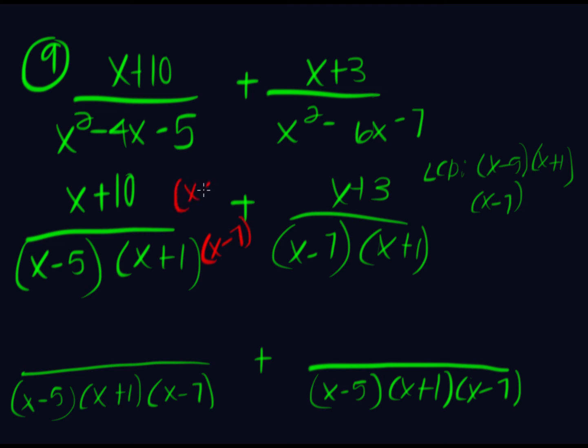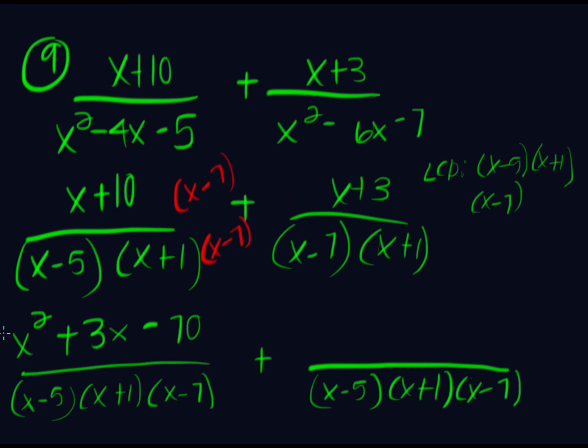So we would multiply the numerator and denominator by that. Let's go ahead and do that. If I FOIL the two numerators, I would get x squared, and then x times negative 7 is negative 7x, and then 10 times x is positive 10x. So negative 7 and positive 10 is just 3x. And then 10 times negative 7 is negative 70. I'm going to leave the bottom written as x minus 5, x plus 1, and x minus 7.